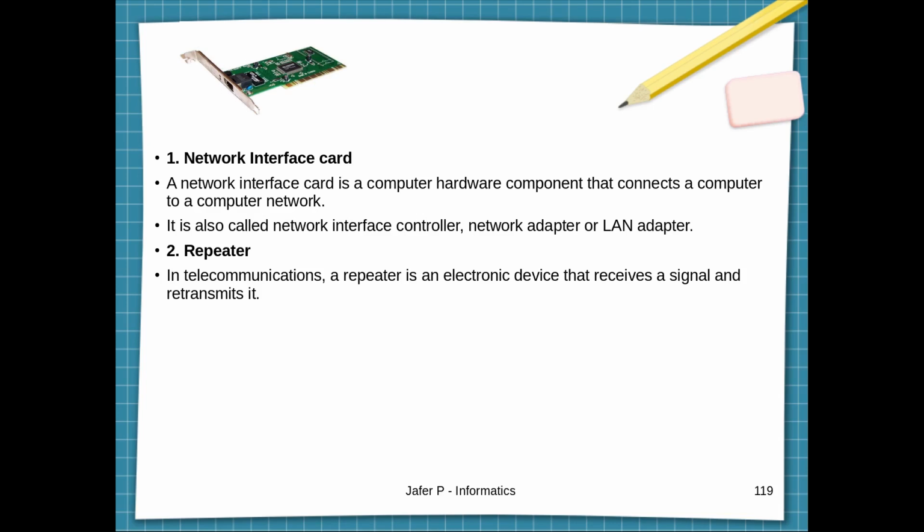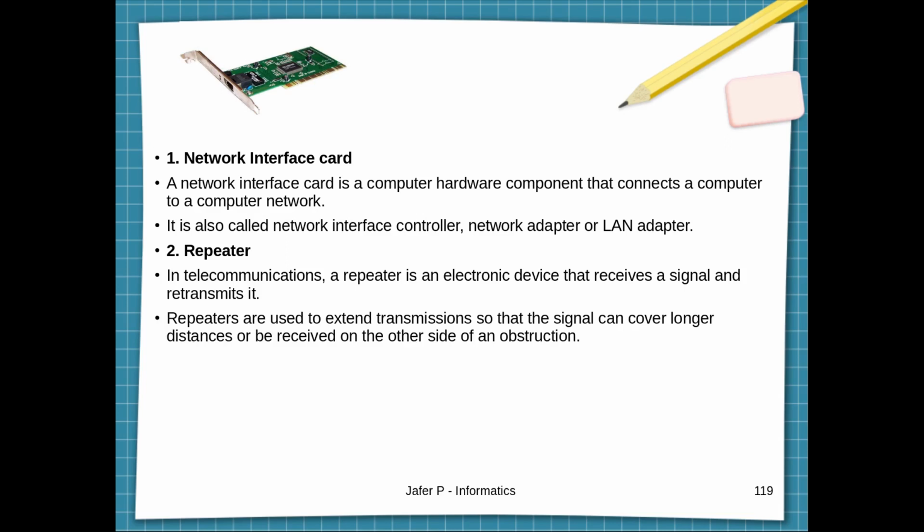So to remove the data loss in communication, we use repeaters. When a signal is received by the repeater, the repeater will retransmit it again. It will retransmit the same signal so that it will reach maximum distance without data loss.